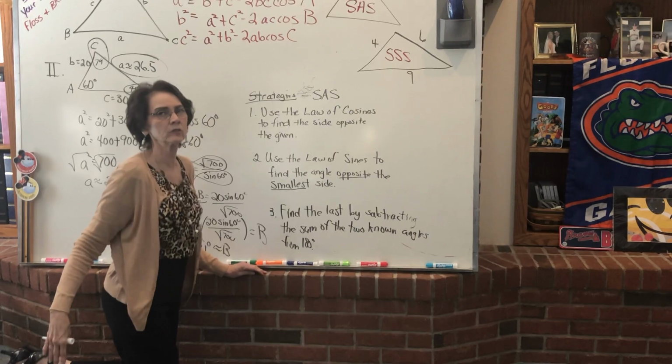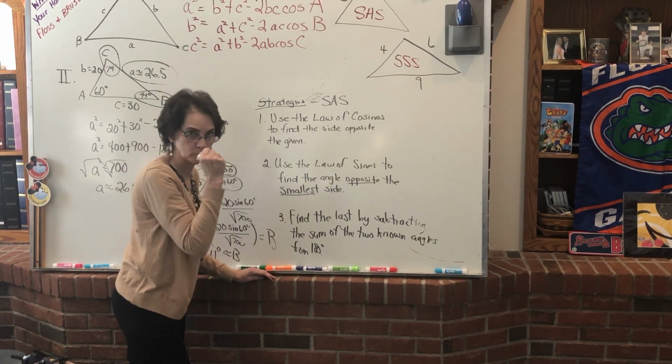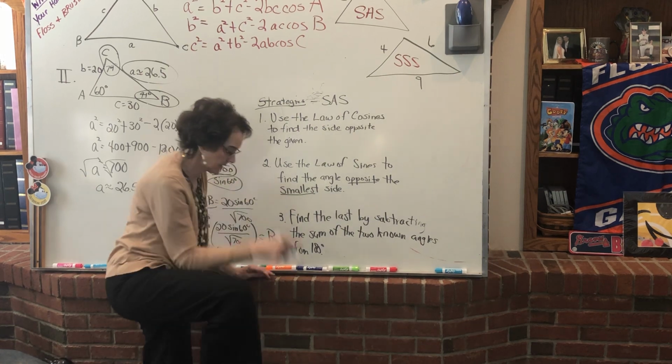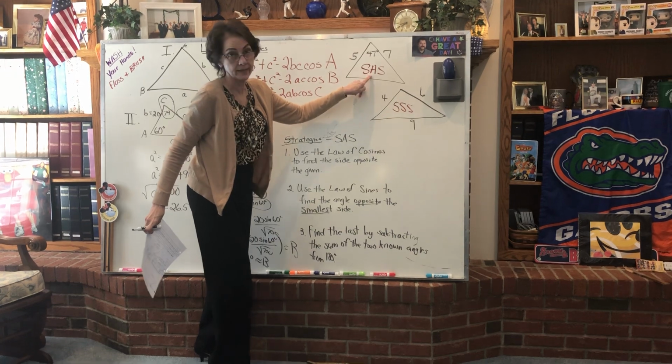Doesn't matter what your triangle looks like, the three angles add up to 180, okay? All right, so this is how you attack and solve an SAS.